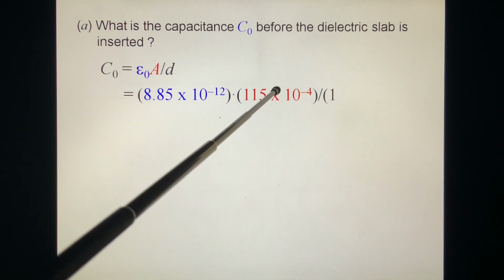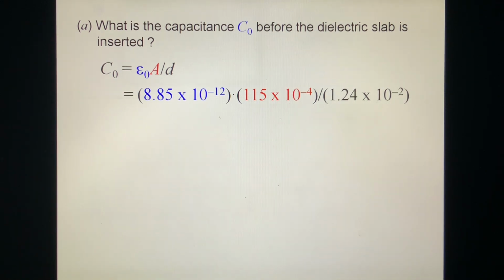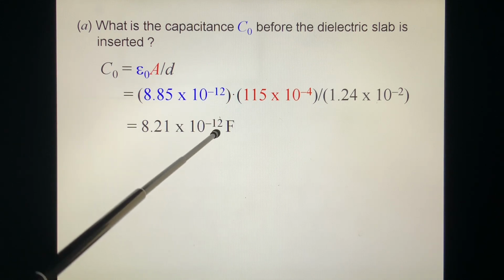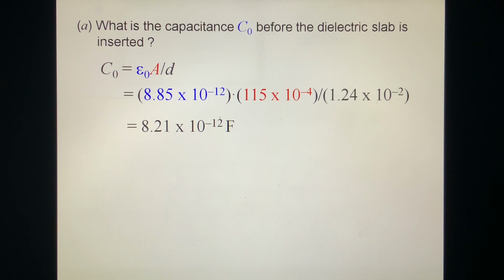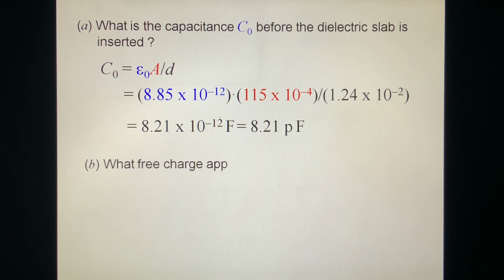A is in square meter, D is in meter. And you get C0 easily: 8.21 times 10 to the minus 12 farad, 8.21 picofarad.